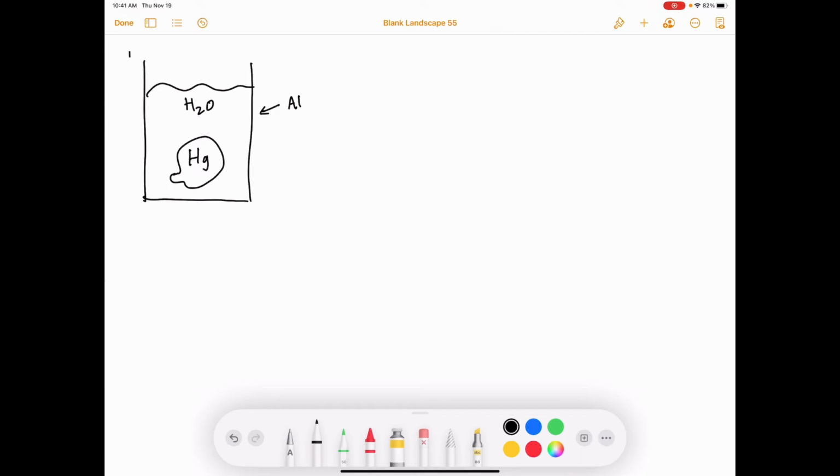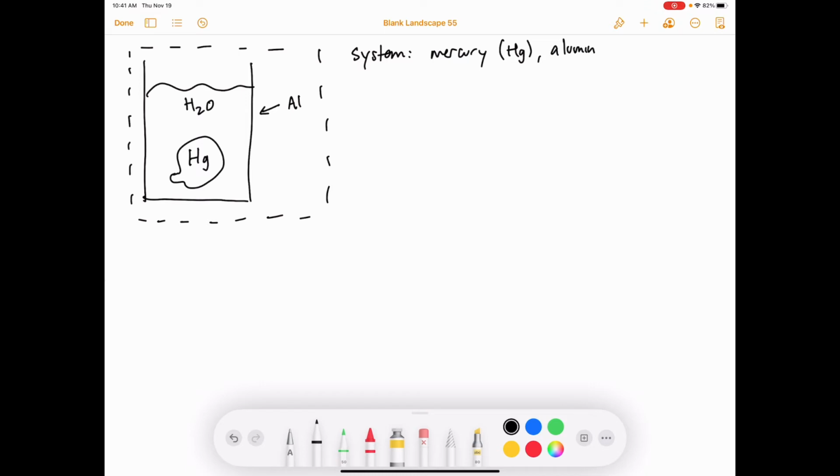So let's put a little box around this. And that box is our system. So the system is the mercury, again given by Hg, the aluminum cup, Al, and the water, that's H2O.